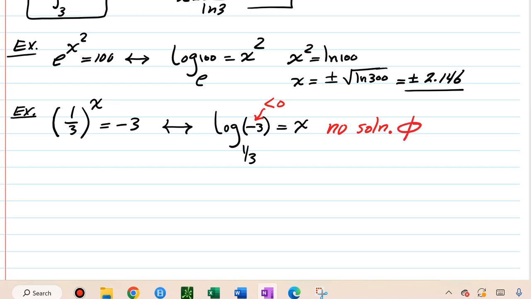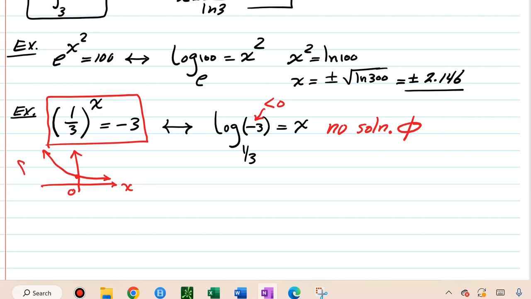We can also catch it in the beginning, right in the initial step. If you graph the function 1/3 to the x, because the base is between 0 and 1, it's going to be a decreasing exponential function. And for this one, the y value, which is what f of x is, is always positive, right?